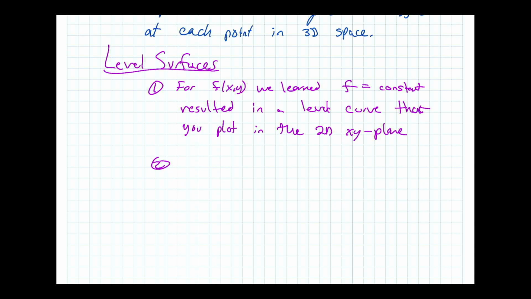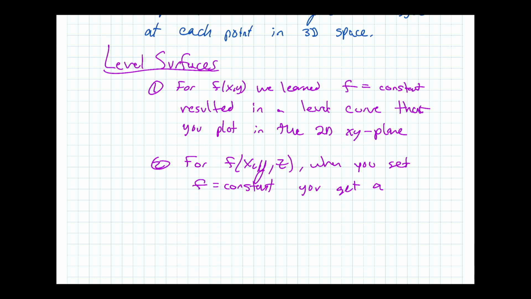But for a function of three variables, for f of x, y, z, when you set f equals a constant, you actually get an equation with all three variables generally.